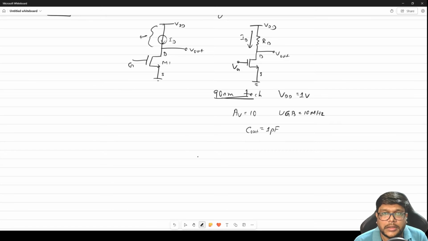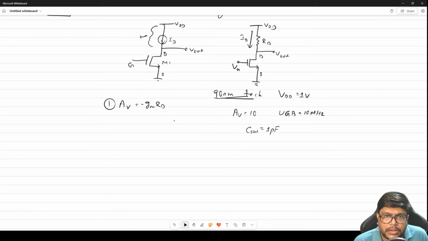So what actually we have is a formula. If we neglect the channel length modulation, the first point is that our gain will depend on gm, and it is negative because it is a common source: minus gm RD.